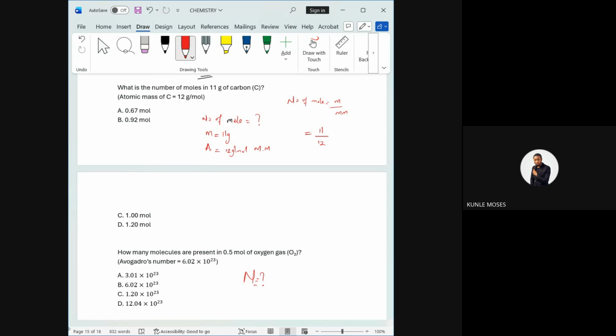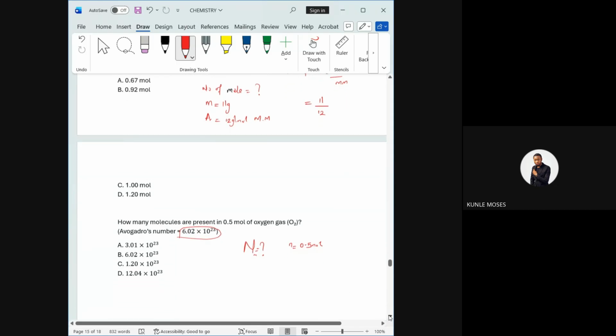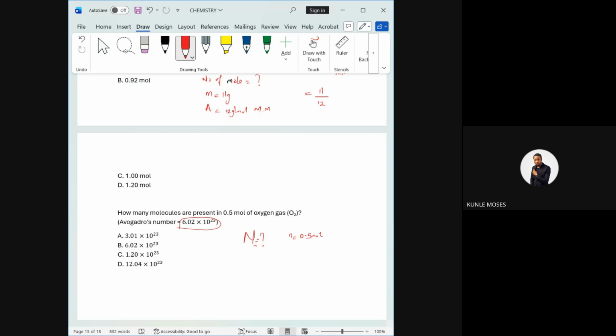So the number of mole there is what? That's 0.5 mole. The number of mole, small n, is 0.5 mole, right? And the Avogadro's number is 6.02 times 10 raised to the power 23. You remember the second formula I gave to you? The formula that consists of the number of particles or number of molecules, the number of mole, and the Avogadro's constant.